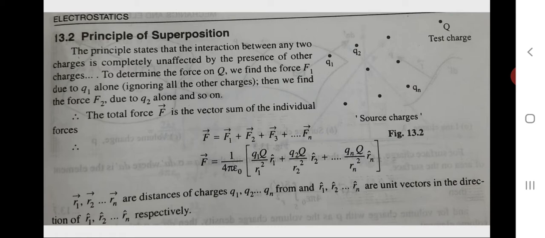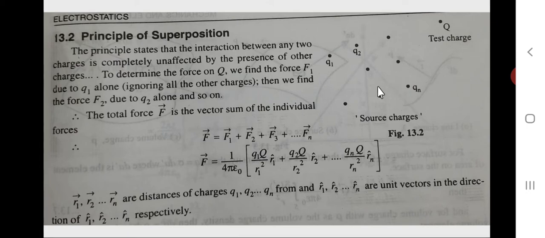To determine the force on capital Q, that is the test charge, we find the force F1 due to q1 alone. Then we find the force F2 due to q2, then F3 due to q3, and so on.